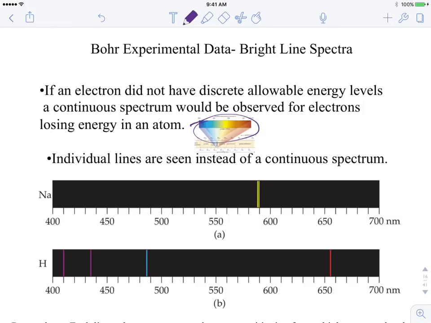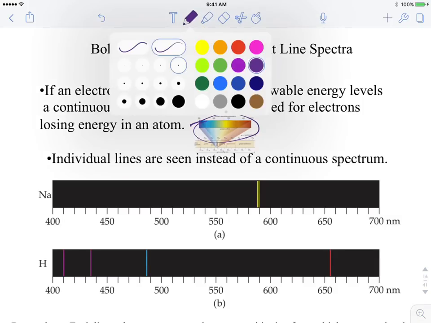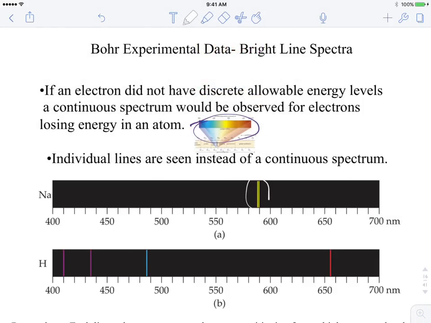Each one of these colored lines here, and this and here, they represent a transition, a movement of an electron between a high level and a low level. The energy given off was exquisitely described by Bohr. He was able to predict these colors being given off by hydrogen almost to the nanometer.